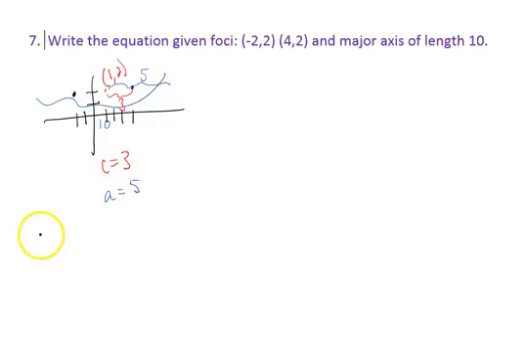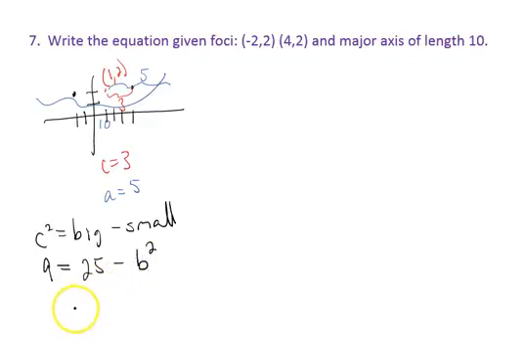So I then go to that C squared equals big minus small again. C is 3, so C squared is 9. My big one is A squared, so 5 squared is 25. My small is B squared. So if I work this around, my B squared is going to be 16, and my B would be 4.